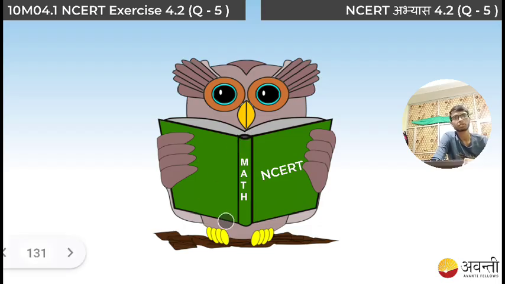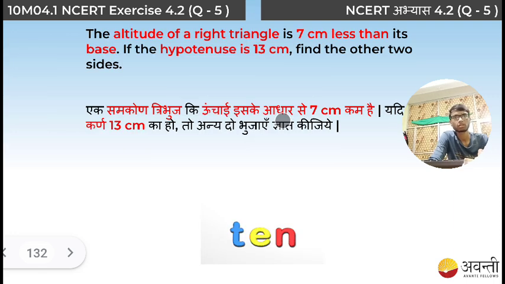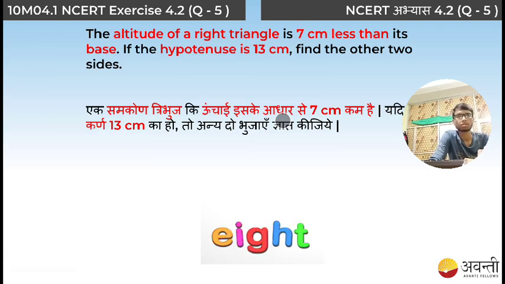We have some questions. Right now we have some questions. The altitude of a right angle triangle is 7 centimeters less than its base.